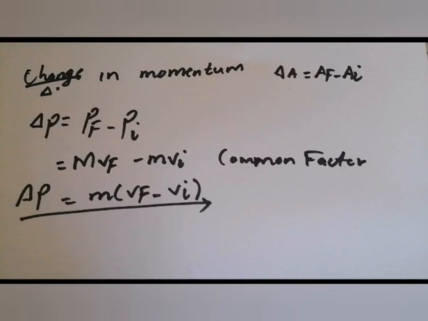Therefore, there will be a change in momentum, because the speed of the car changed. It was traveling at 60 kilometers per hour, but after you talk to him, the speed changed to 80 kilometers per hour. That is why we say that there will be a change in momentum.